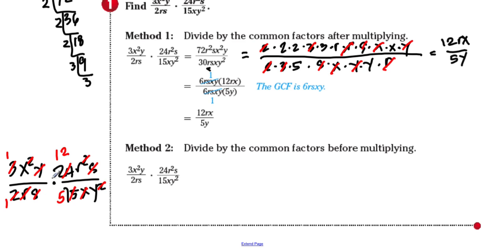So we are now left with 12rx, and at the bottom we're left with 5y. Okay, and that's exactly what they did here. So we cross-canceled everything, and you ended up with still 12rx all over 5y.